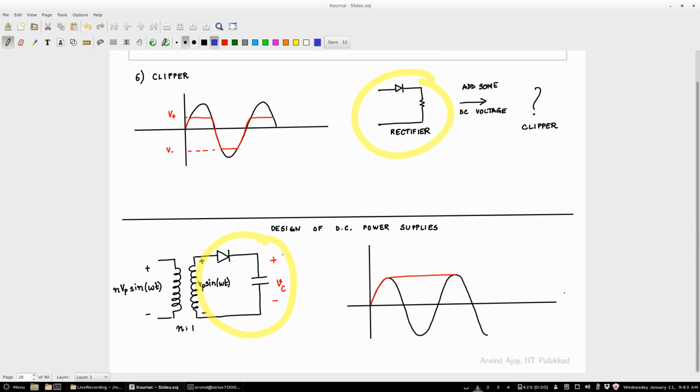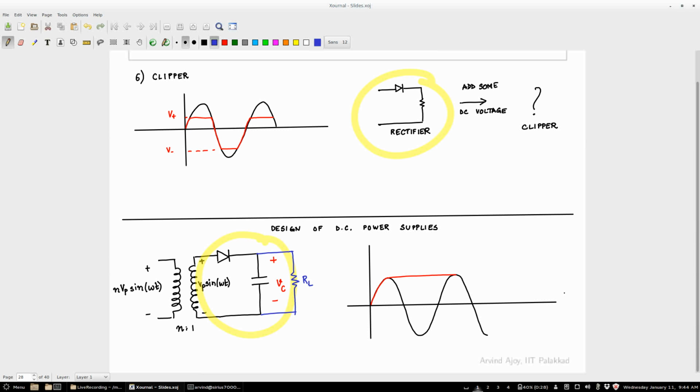Alright, so if there are fluctuations in input voltage, the output voltage will track the input voltage. If from Vp sine omega t it becomes 1.1 Vp sine omega t, the peak detector will no longer sit at Vp, it will go to 1.1 Vp.